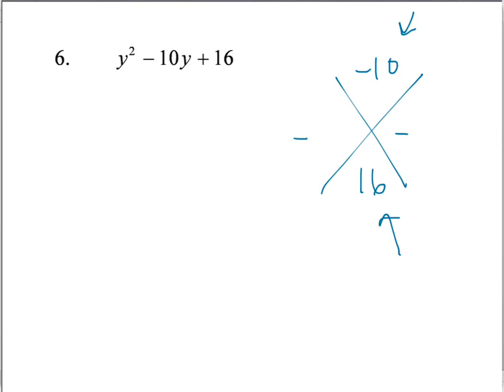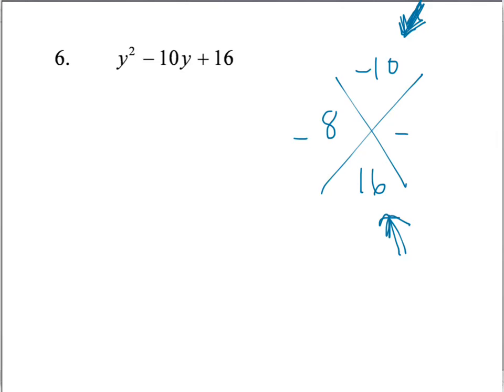You might want to ask yourself why that is and pause the video. Why do I know at this point that both numbers that I'm looking for in the x factor are negative? The answer is because only two negative numbers add to another negative number and multiply to a positive number.